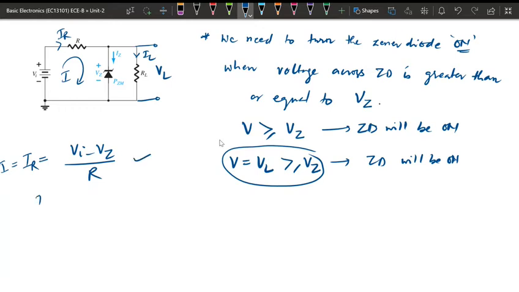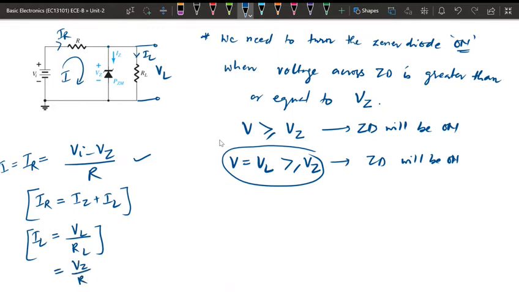Another one: by using KCL at this node, IR is equal to IZ plus IL. Also, IL is the voltage across the load, VL, divided by RL, and this VL is nothing but Vz.